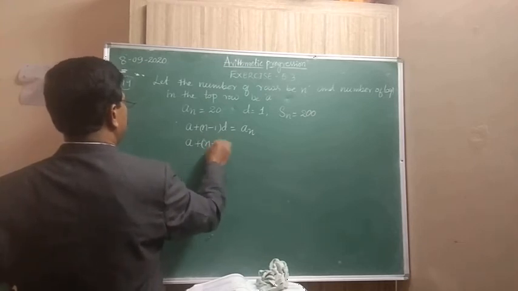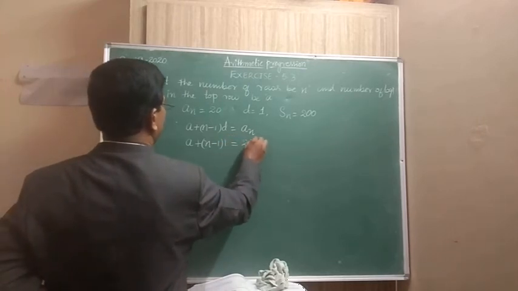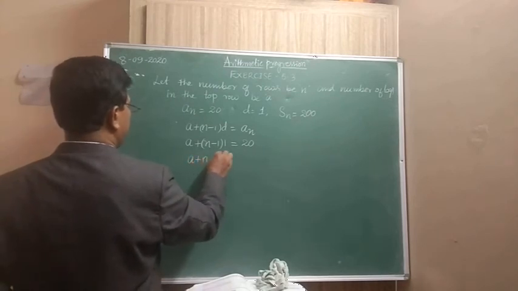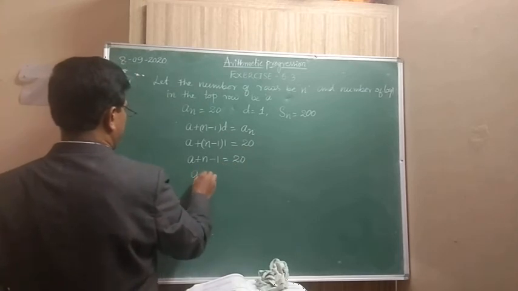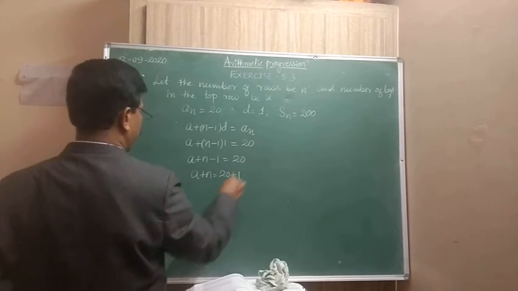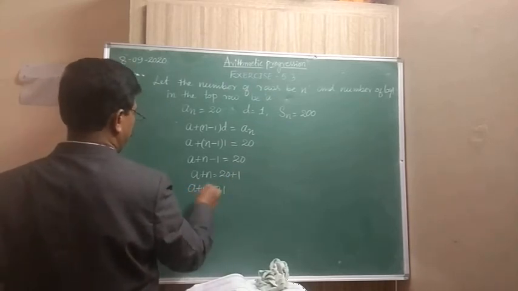Minus 1 into 1 equals a_n, which is 20. Then a plus n minus 1 equals 20. Then a plus n is equal to 21.